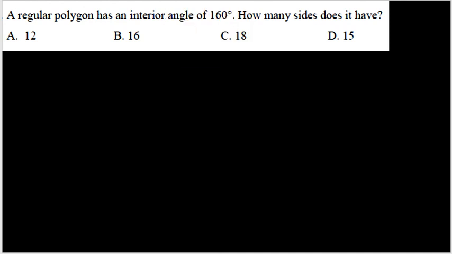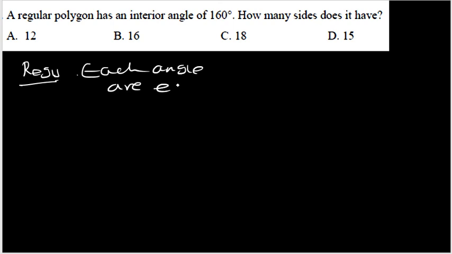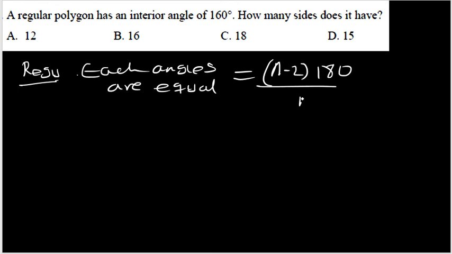A regular polygon has an interior angle of 160. How many sides does it have? In case of regular polygon, you know, regular polygon means each angle is equal. We can calculate each angle by n minus 2 times 180, divided by n, which is given to us as 160.